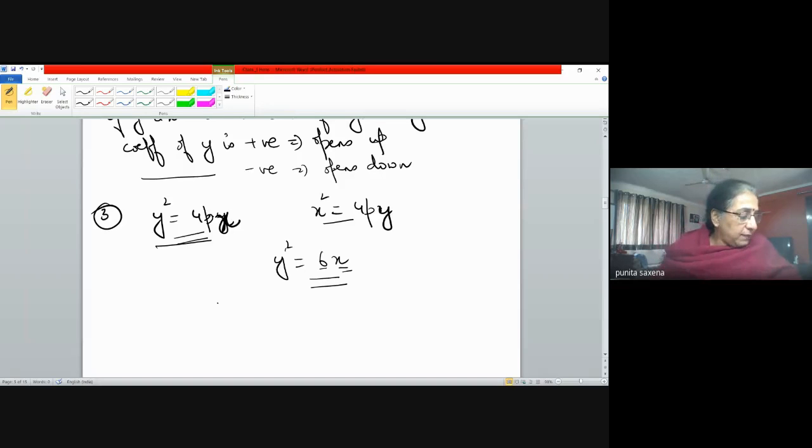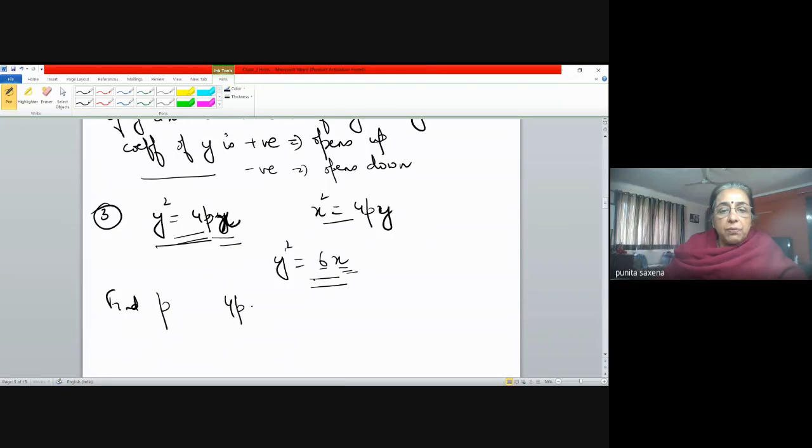Once we have this, we try to find what is going to be my p. When we sketch it, we'll understand what this p stands for, or what a is, which you already know.